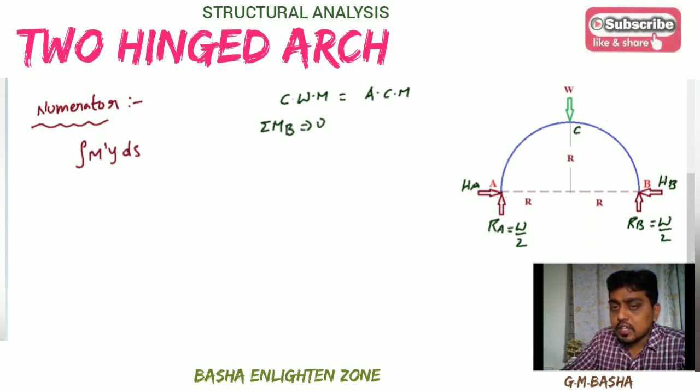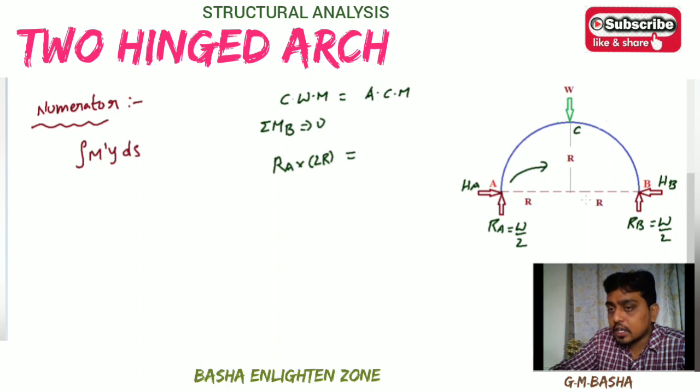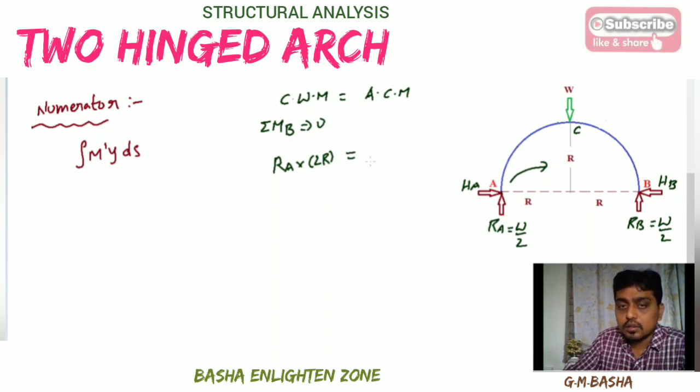See here, this force will be acting upwards, so I am taking this one as clockwise up to B. Therefore, the clockwise moment is Ra into 2r, r plus r. That will be equal to the force acting towards B, W into r. If you cancel r and r, directly we get Ra equal to W by 2.